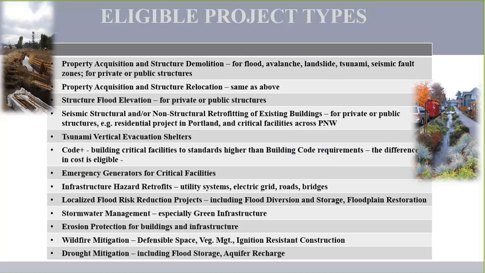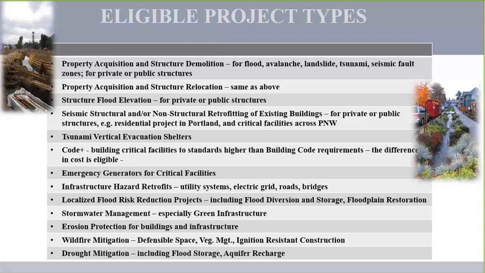So as part of moving to the next part of the project application development, I wanted to just go back over eligible project types. There's a lot of good project types that are listed in the HMA guidance, and that's one of the resources tribes in particular may not be aware of. All of our states use that HMA guidance on an everyday basis, but there's a link to the HMA guidance at the back of the slideshow.